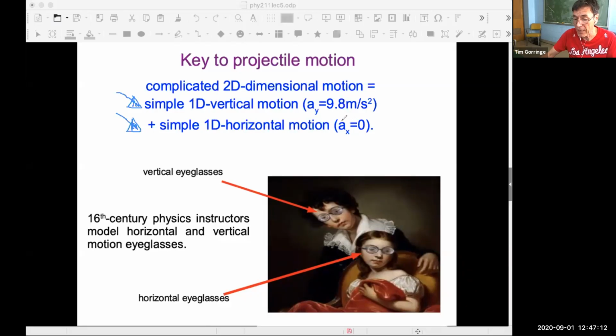And the complicated two-dimensional motion, the parabolic path of the projectile, is simply the superposition, the combination of these two simple motions. That's how we understand projectile motion.